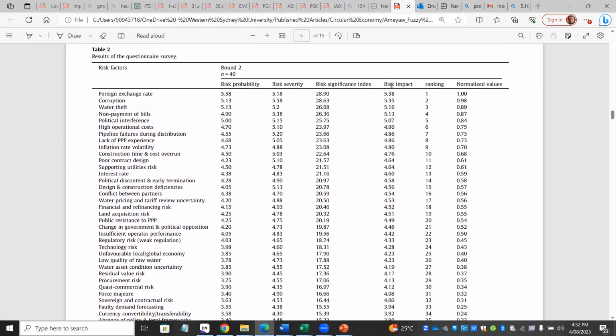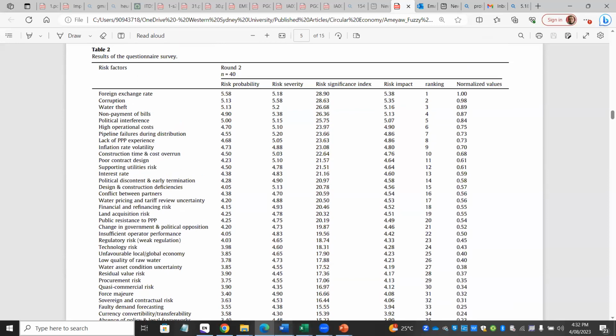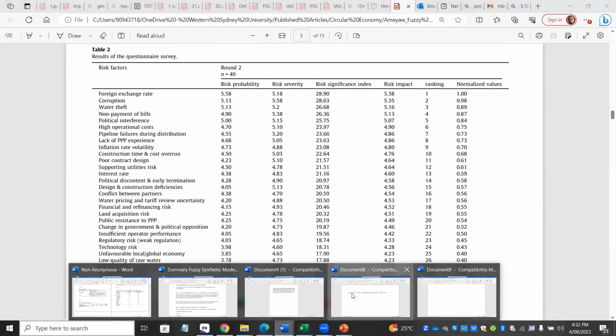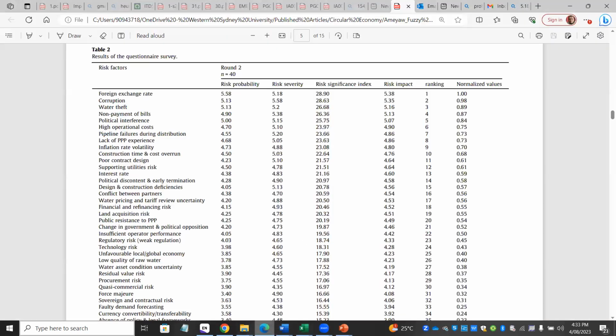But here they went ahead to conduct a normalization analysis. And how was this normalization done? So this is the formula for normalization. I want to show you the formula. So to get a normalized score, you take the mean. The mean means the current mean, which in this context is the factor's impact, the risk score.